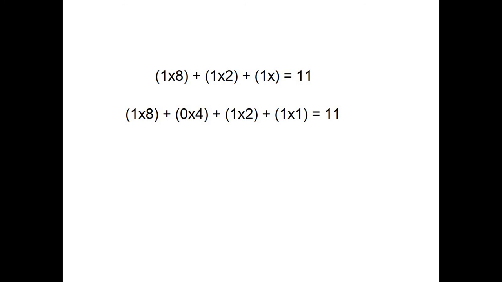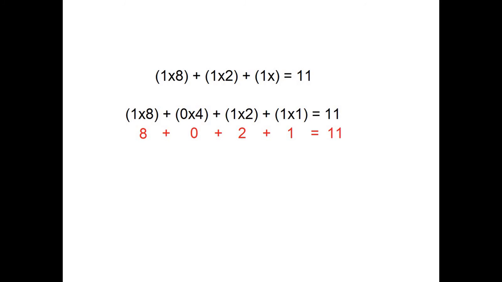Of course, in that last example, we kind of skipped the 4 column, but there's only a 0 in there, so it doesn't really matter in our addition, because if you look at it, it'd be 1 times 8 plus 0 times 4 plus 1 times 2 plus 1 times 1. But doing the math, we see that 0 times 4 just equals 0 anyways, and adding anything to 0 doesn't change it.